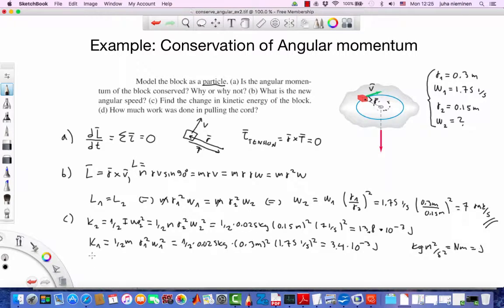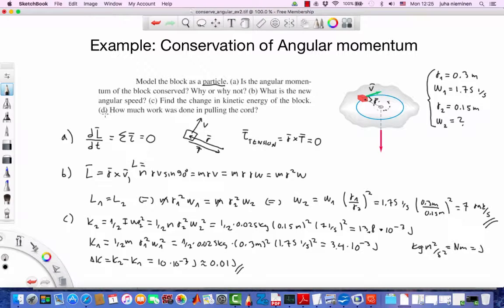So changing kinetic energy, delta K, is K2 minus K1, and that becomes about 13.8 minus 3.4, so about 10 times 10 to the minus 3 joules, so about 0.01 joules. Because this is positive, we did positive work on the object.